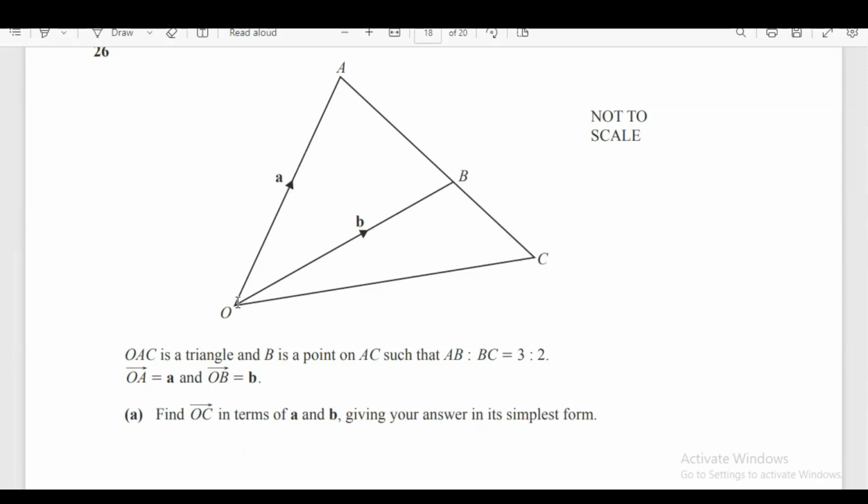So try to travel on the second route, which is O to A, then A to C. O to A is given as a. We can find vector AB in this route. So when the origin is given, we can find vector AB easily.